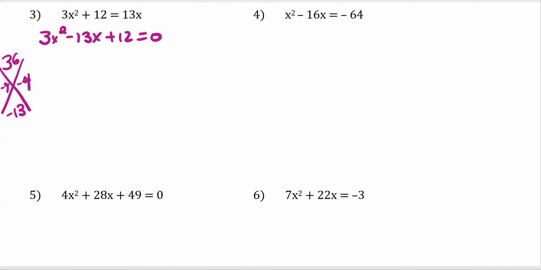How you choose to factor here is your choice. You can use AC and factor by grouping, where you will rewrite this as 3x squared minus 9x minus 4x plus 12 equals 0, and factor by grouping.